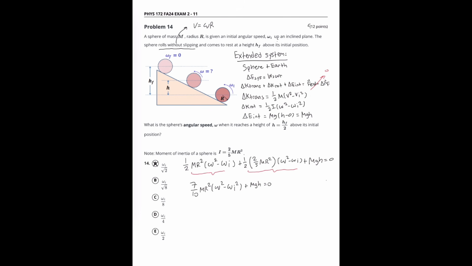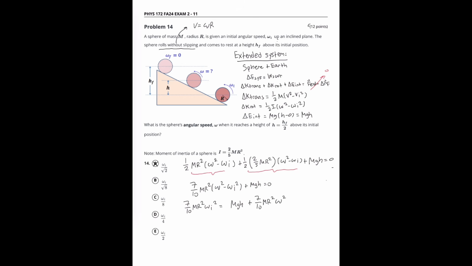And we can rearrange that so that we have 7/10 m r squared omega initial squared is equal to mgh plus 7/10 m r squared omega squared.